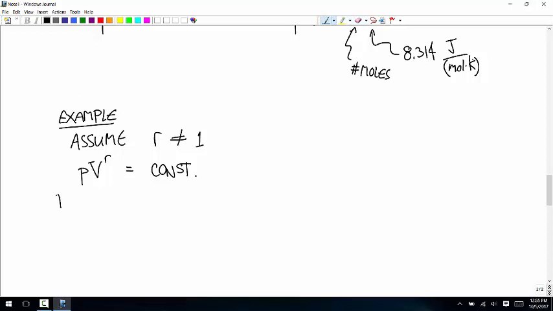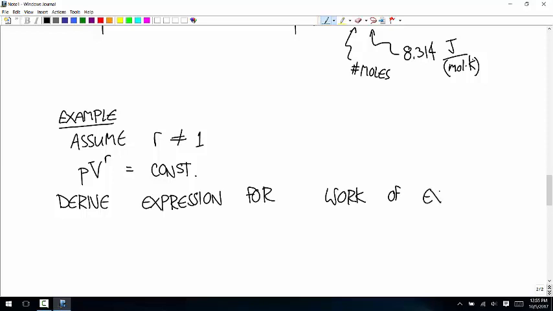And we want to derive an expression for the work of expansion. So that is the integral from state 1 to state 2 of P dV.